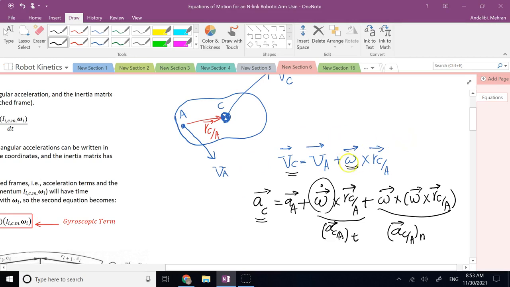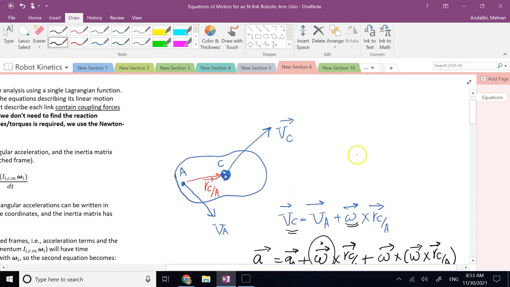So why is this good? Because typically when you have a robot, then when you go to a link, you typically know the motion of one end of it, and then you're trying to find the motion of another end or the centroid.